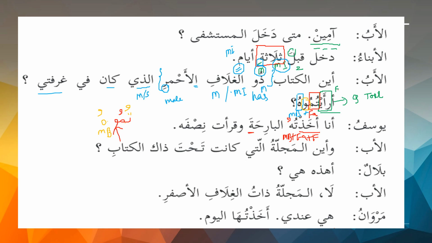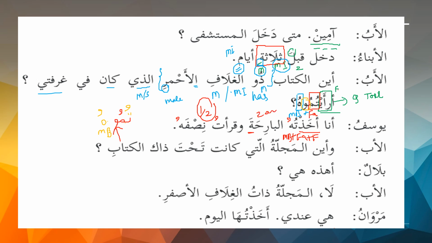Al-barihata, as you can see, al-bariha is showing the particular span of time in a day, and it means the last night. Akhadtuhu al-barihata wa qaratu nisfahu, and I read half of it. Nisf is half, and this is the name of the fraction in Arabic for half, and this is a zarf actually.